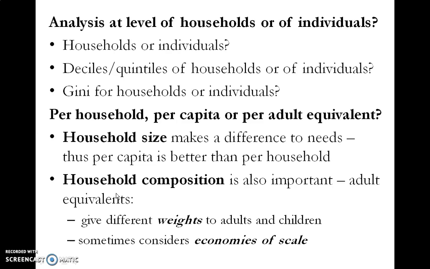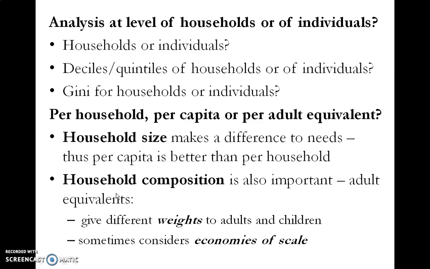And then are you dealing with per household, per capita, or per adult equivalent? Remembering that the household size makes a difference to the needs. The more people, the more you need to consume. Thus, per capita is better. So you basically control for household size in your analyses.